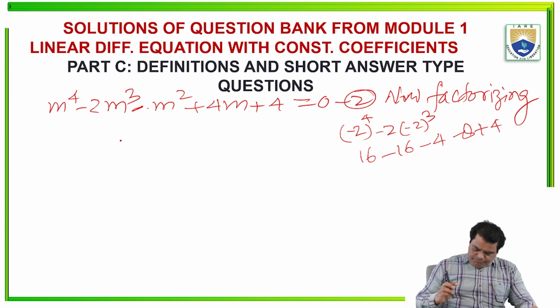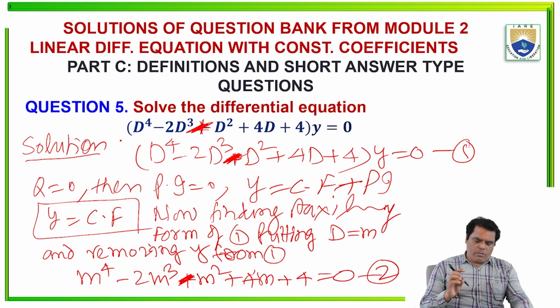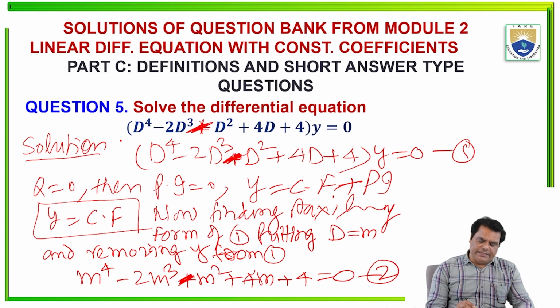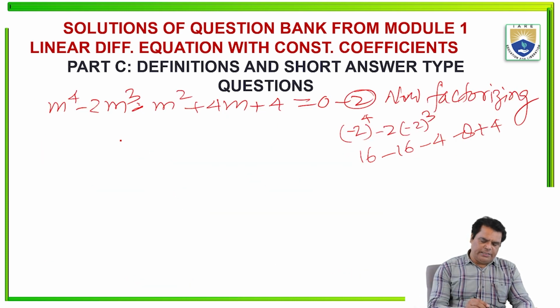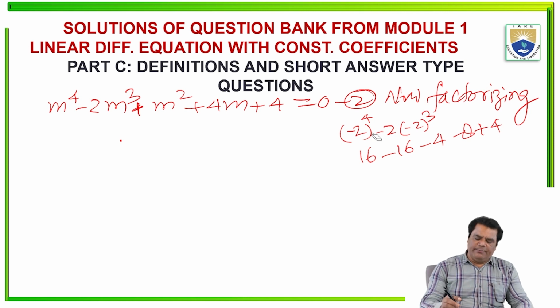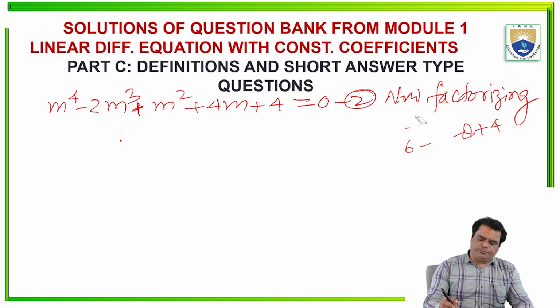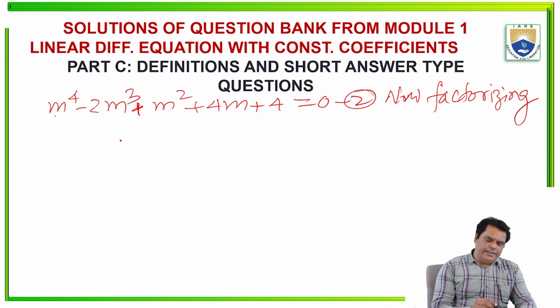Here is plus. Now this is maybe plus here. So here is plus, here is also plus. Clear? So putting m equal to minus 2, m equal to minus 2 is a factor.